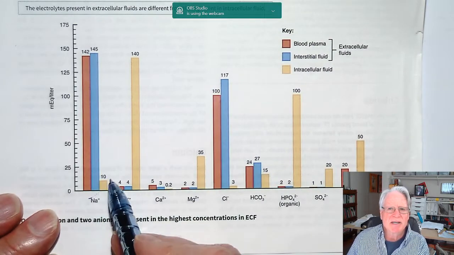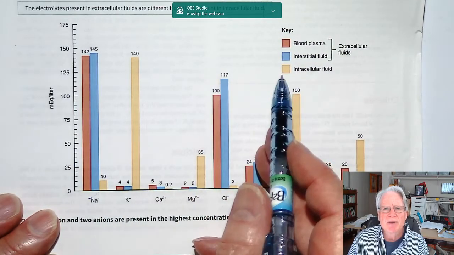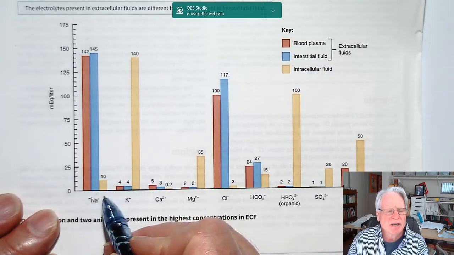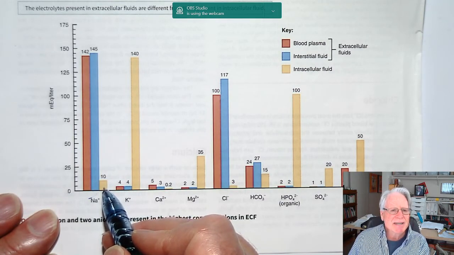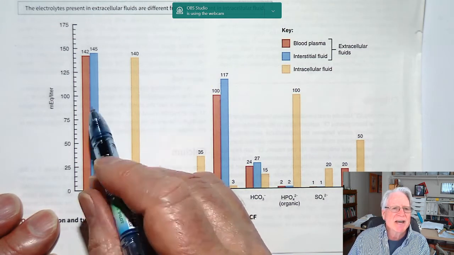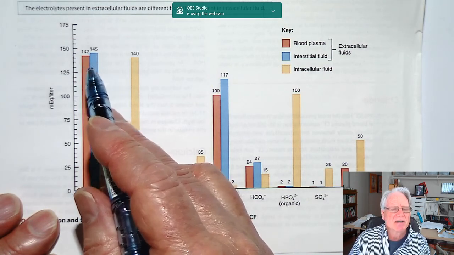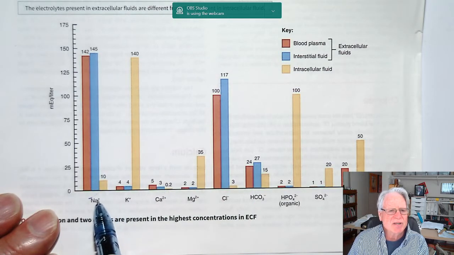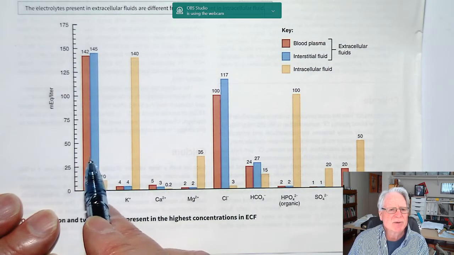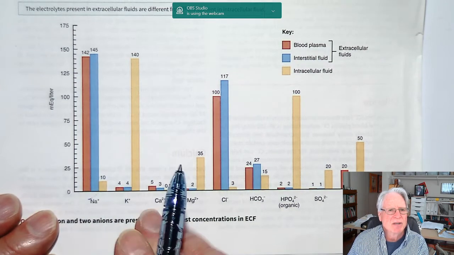So let's take a look at sodium over here real quick. Here's sodium. So again, the brown bar or tan bar represents the cell. So sodium has a very low concentration inside the cell, but very high concentration outside the cell. High outside, low inside. And of course, sodium also has a charge. So that means that we have a separation of charges here.